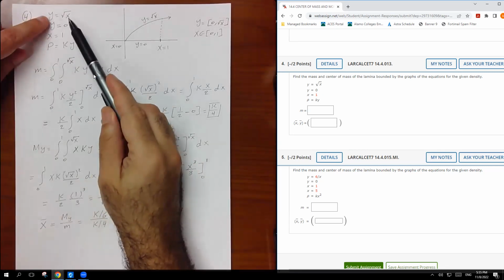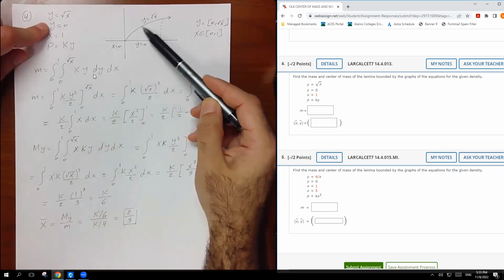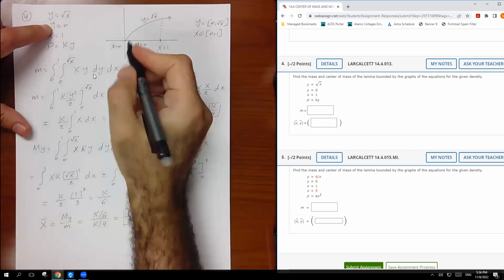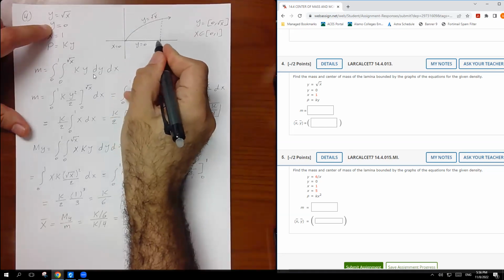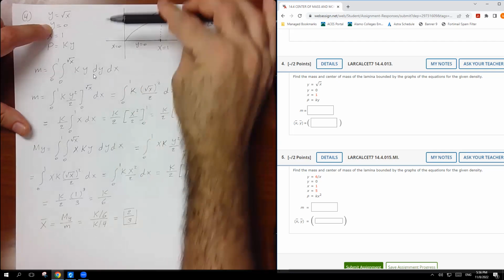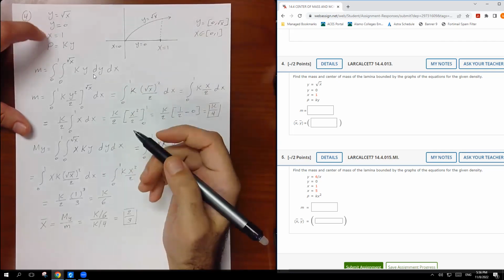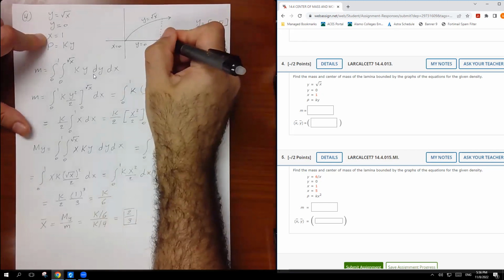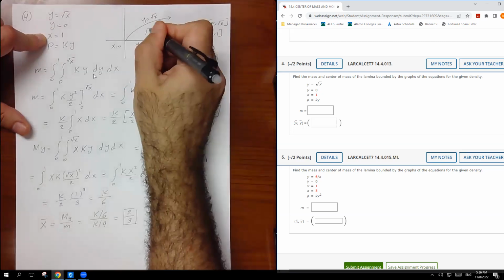Y equals square root of x. So here is the square root of x function. Y equals 0. That means it's bounded by y equals 0 up to the square root of x, and then we have x equals 1. So here's x equals 1. That means our region is going to be here.